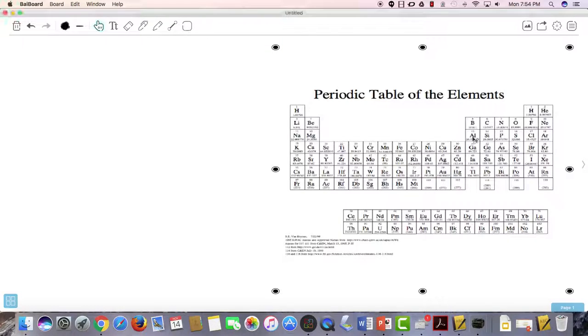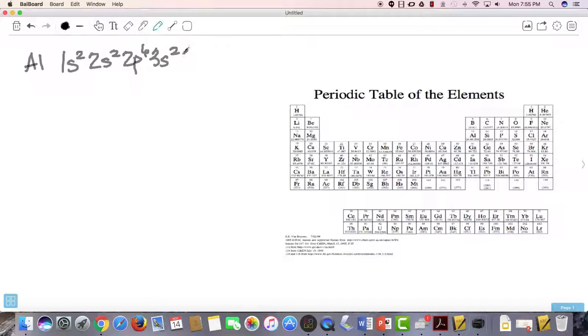The electron configuration for aluminum would be 1s2, 2s2, 2p6, 3s2, and 3p1.